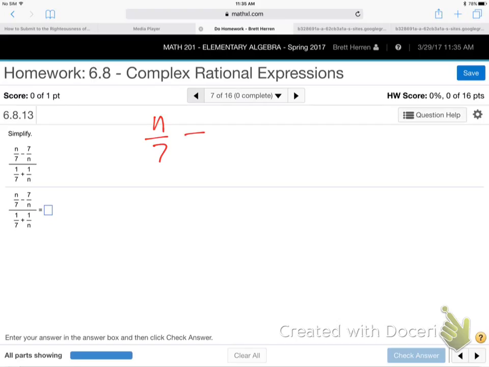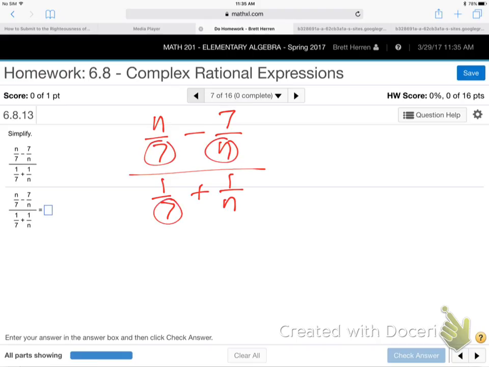n over 7 minus 7 over n, over 1 over 7 plus 1 over n. Okay. So take aim at all the denominators, right? Look at these 4 denominators. You're buying one of everything.